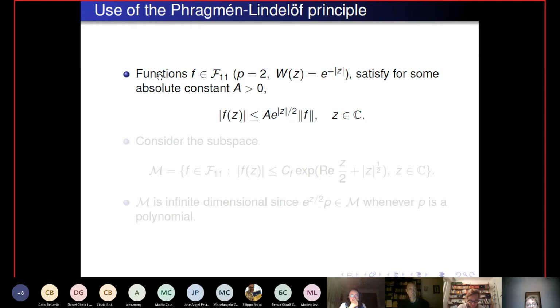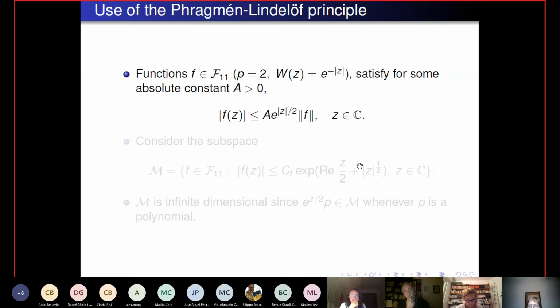Okay, so we start with the limit case. Say the weight e to the minus mod z, so alpha is 1. This is the weight, and we estimate the norm of the point evaluations. So the functions in this space will grow like, remember the p is 2, so it's like an absolute constant, e to the mod z over 2, times the norm of f.